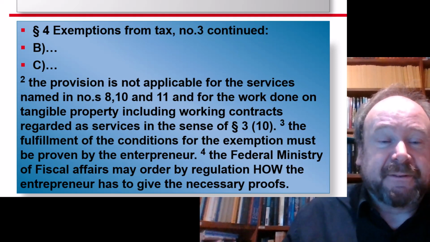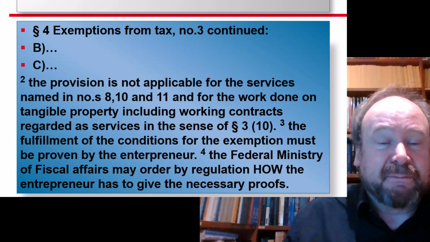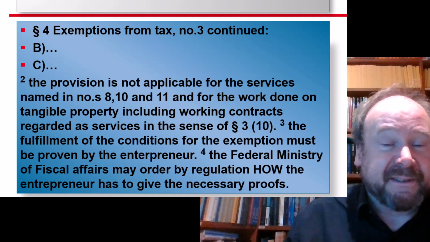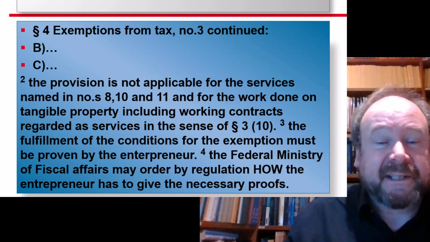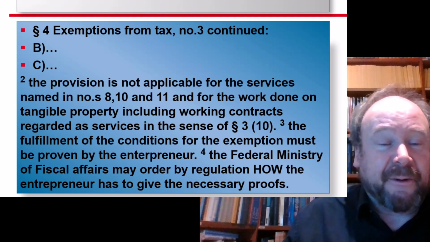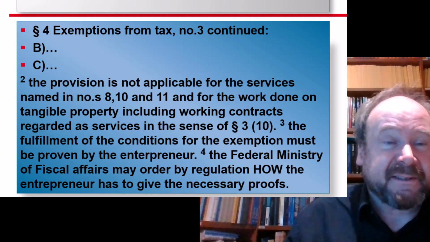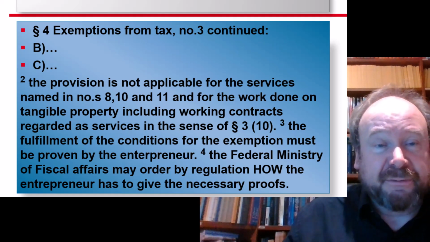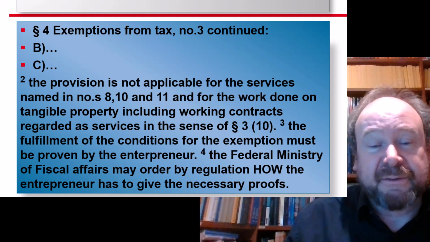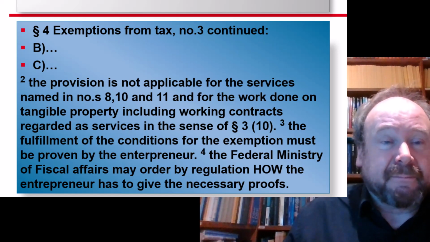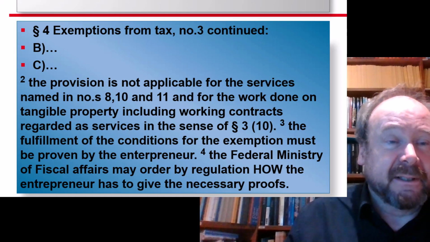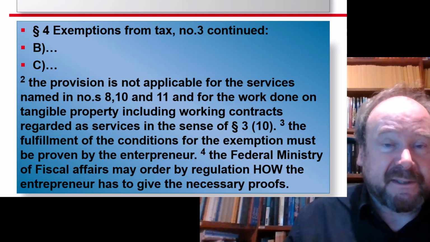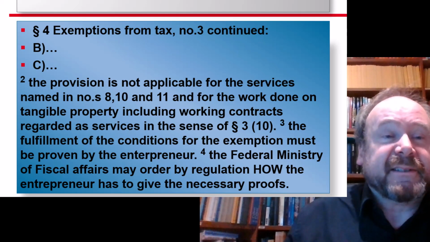Important is that the fulfillment of the conditions must be proven by the entrepreneur who claims the exemption, and that the Federal Ministry of Fiscal Affairs has the right to order by a regulation how the entrepreneur has to give the necessary proofs. So not every proof is permitted, but probably you have to present some forms or explicitly described documents.